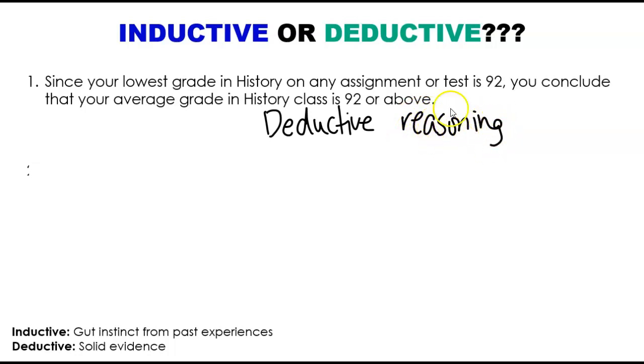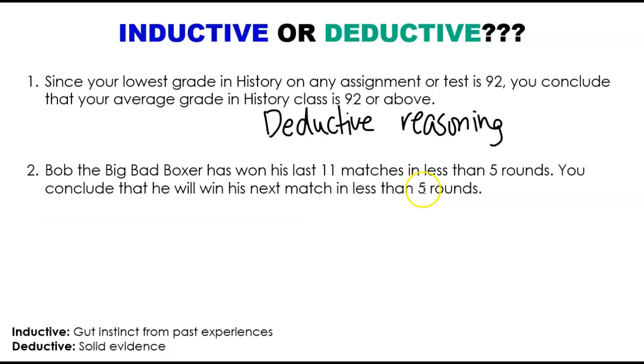Now, let's look at another example. Bob, the big bad boxer, has won his last 11 matches in less than 5 rounds, so he beats everybody pretty fast. You conclude that he'll win his next match in less than 5 rounds. Now, you have observed this not because there's a definition that says Bob, the big bad boxer, wins this.